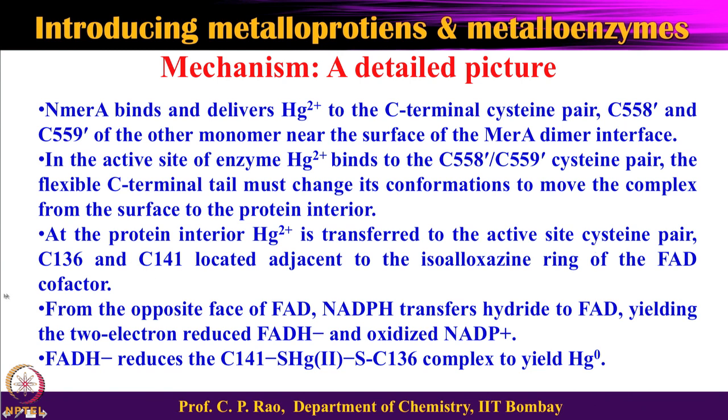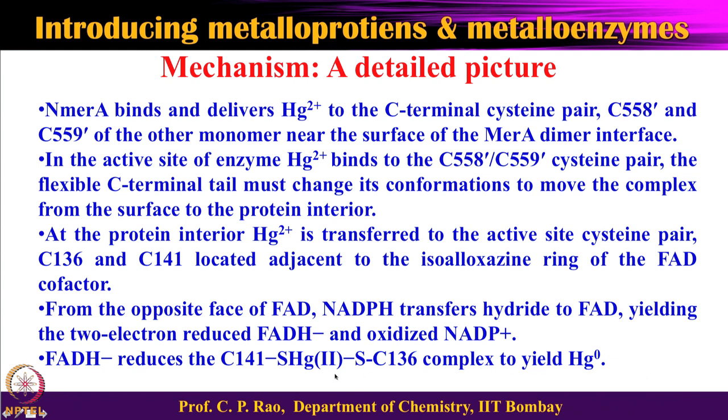Then, once it comes to 136, 141, it is close to the FAD, and the FAD gets activated by the NADPH, and then FAD yields FADH minus. Now this FADH minus will interact with the mercury present at C141, C136 and transfer the electron, thereby making the mercury 0, and mercury 0 will come out of the complex.